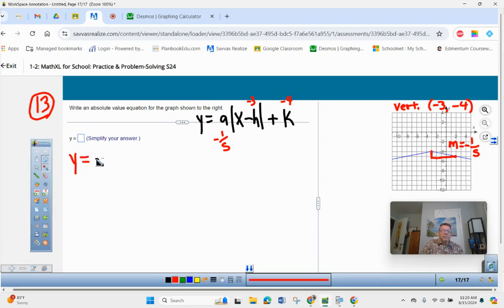So we'll put all this together here. y equals -1/5 absolute value of x plus 3, minus 4. Okay? So let me write that down real quick.